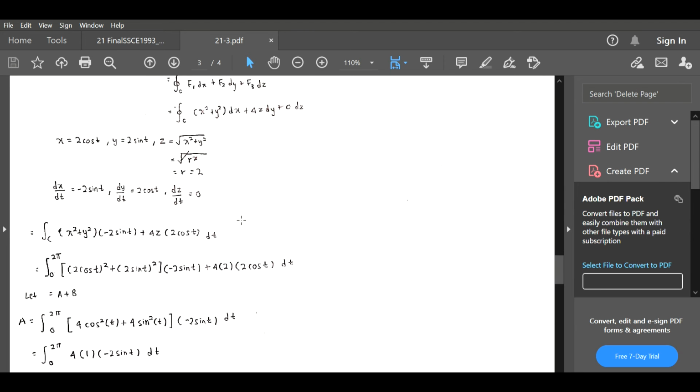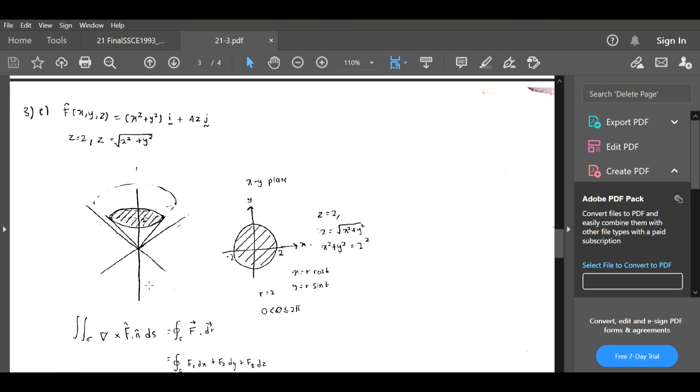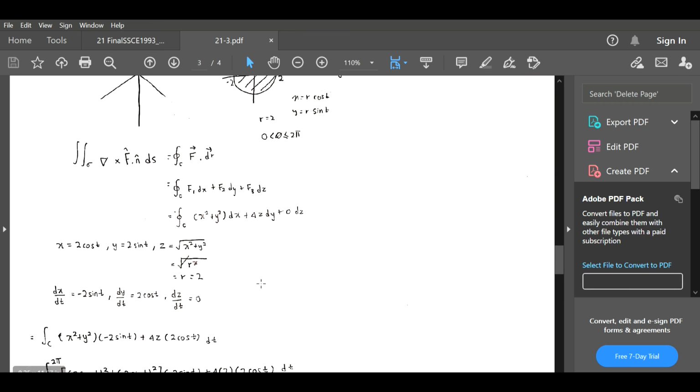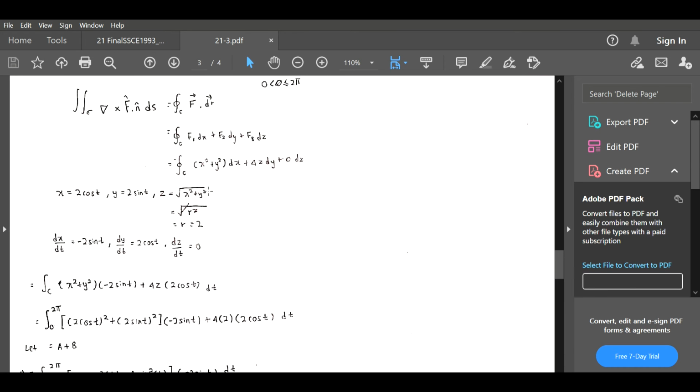Okay, so substitute into the equation from this one. So this one is x squared, we differentiate the x values, y squared, we differentiate the y values, and z, again the z value, which is 2.